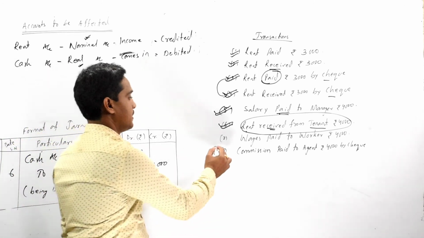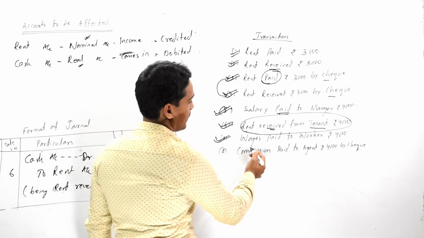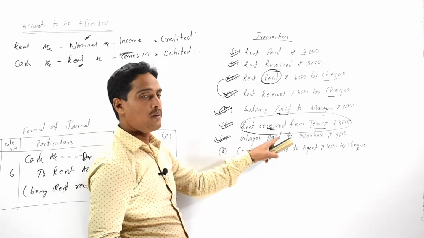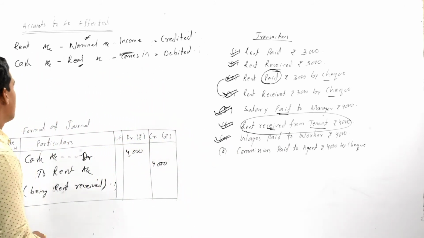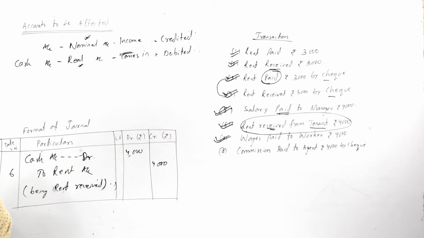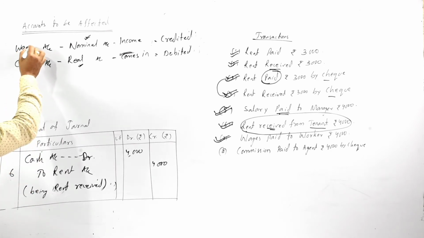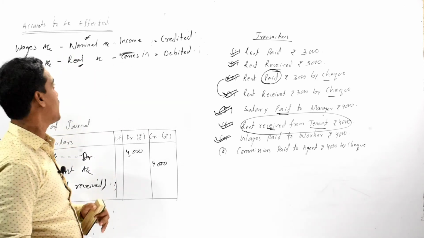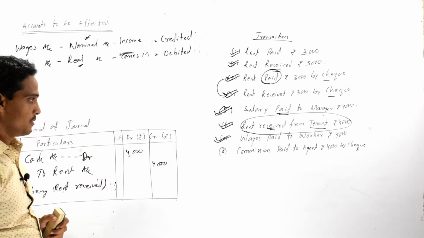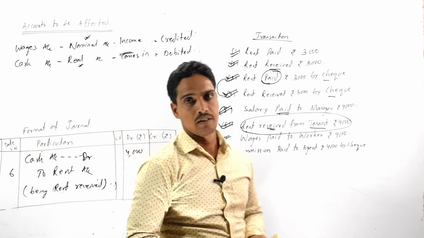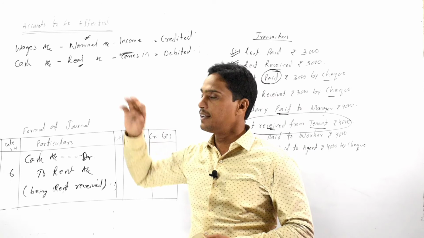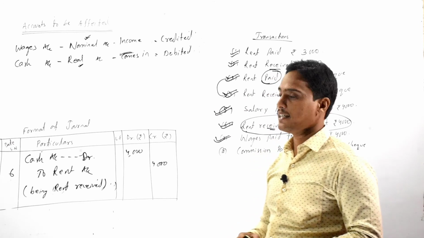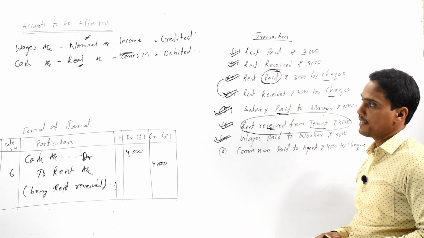Now come to our seventh transaction, that is wages paid to the workers. In this particular transaction, our wages account and cash account should be affected. Here wages account is a nominal account and cash account is a real account. Now we should identify the nature of the wages and the nature of the cash account in this particular transaction.